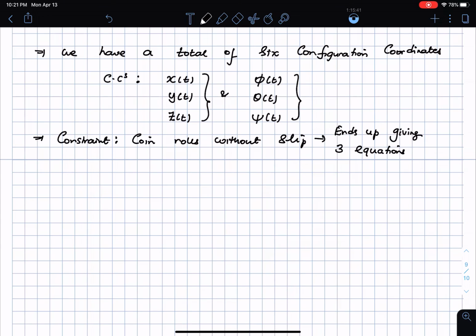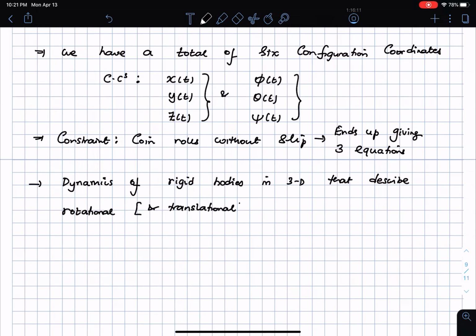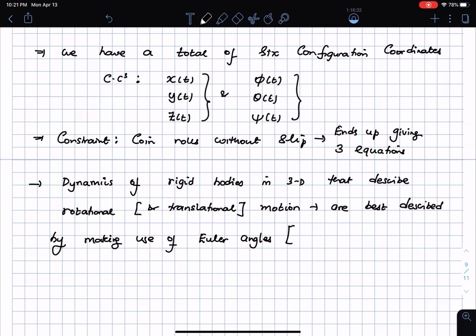Okay, now how do we look at the dynamics of a coin? The dynamics of rigid bodies in 3 dimensions that describe rotational motion and translational motion are best described by making use of Euler angles, and sometimes these are also called the Tait-Bryan angles.